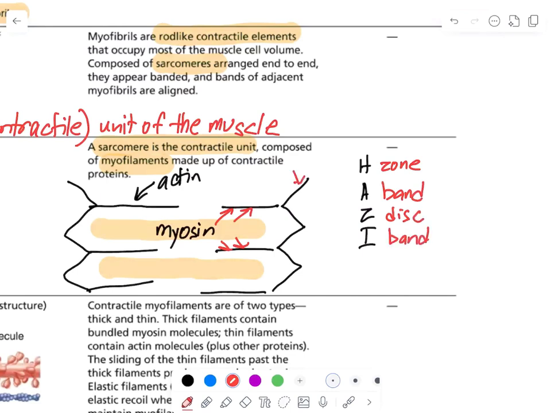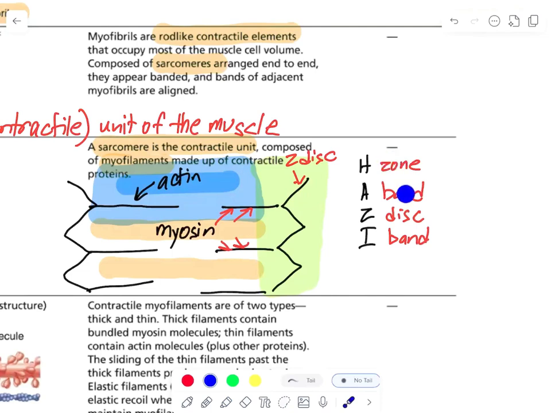So this is the Z disc, and the I band is in this area where I've used this light green highlighter. That's the I band. The A band is going to be the length of the myosin.